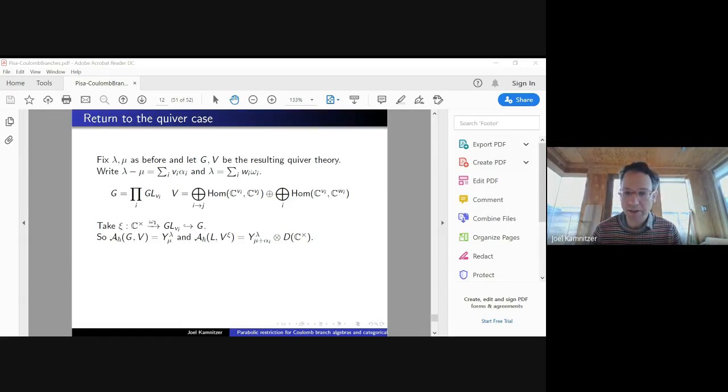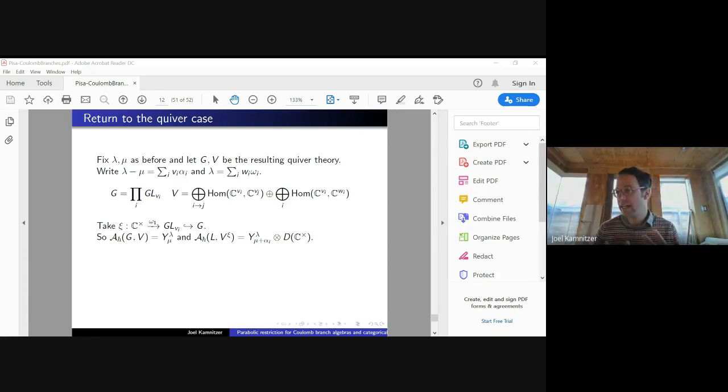When they do admit symplectic resolutions, you can construct them using this. There's a modification of this Coulomb branch construction to produce their symplectic resolutions, or there's a way of doing it using the original definition of these W lambda mu's. But in any case, the symplectic resolutions don't really play much of a story in the talk.